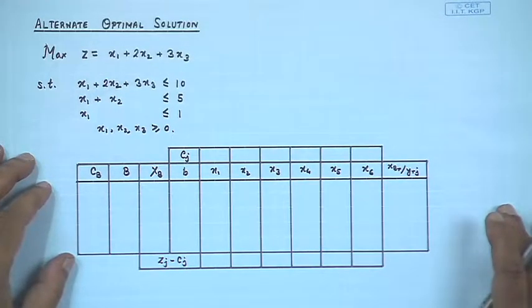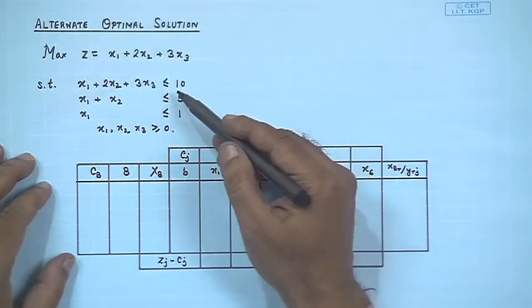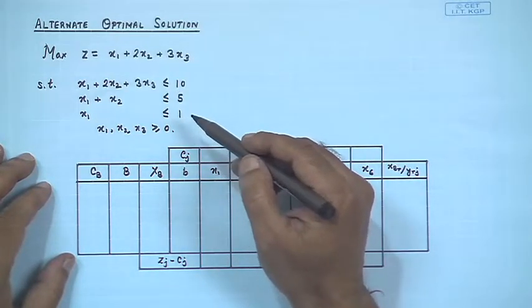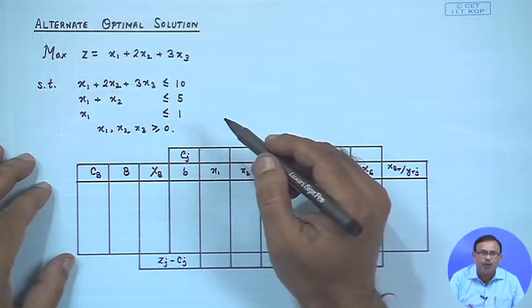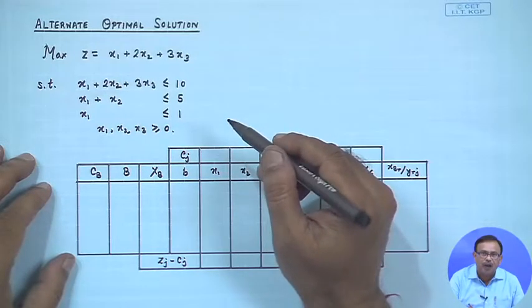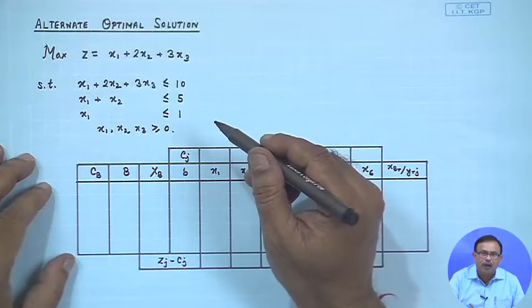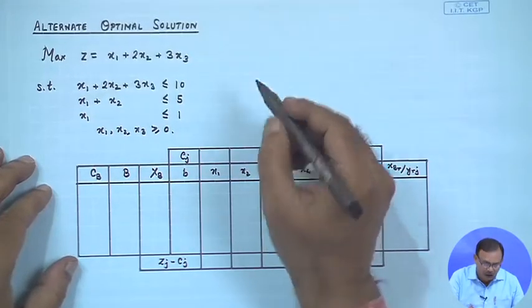First we will write it in the standard form, as we have done. The inequalities are of less than or equal type, so I have to introduce 3 slack variables to make these inequalities equalities.